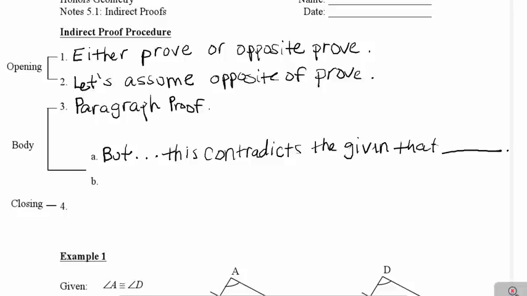So we stop our paragraph proof, we say, but this contradicts the given that, and kind of fill in that blank. And then we can say, so our assumption was false. Because it contradicted that given, then that means our initial assumption was false.